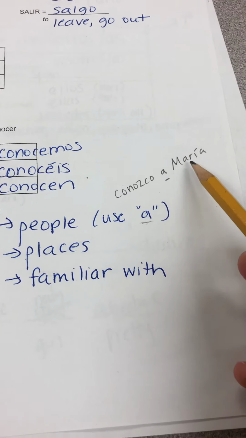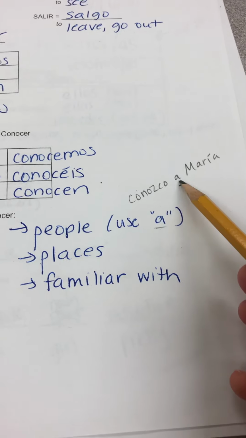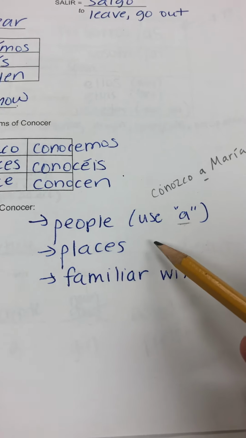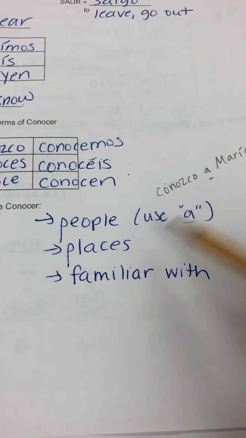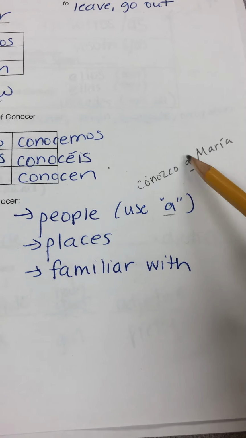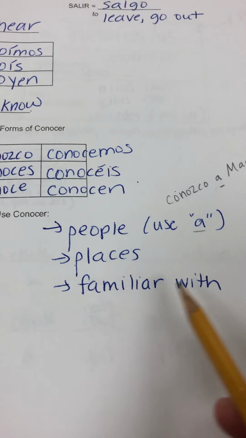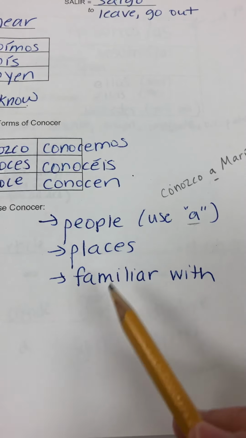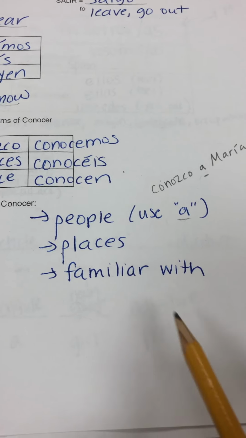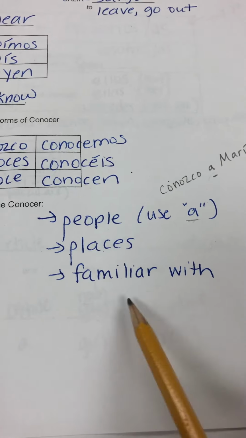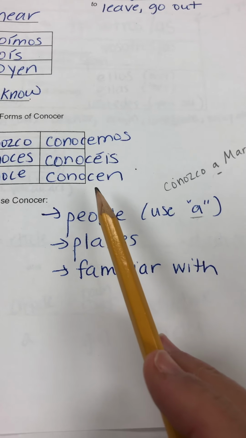So yo conozco a Maria, I know Maria. That a tells you it's going to be conocer, because Maria is a person. If you know places, I know Wilmington, conozco Wilmington. You don't need the a because it's only for people or pets. If I'm familiar with the area, I'm familiar with Burgaw, conozco Burgaw. So again, people, places, or to be familiar with, use conocer.